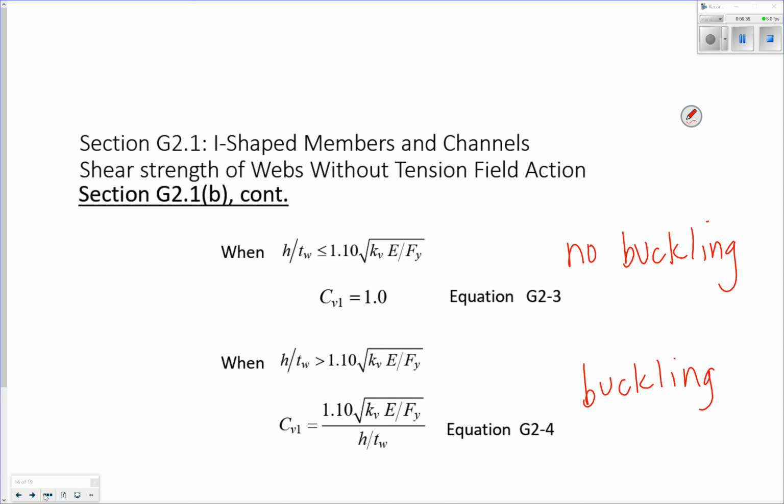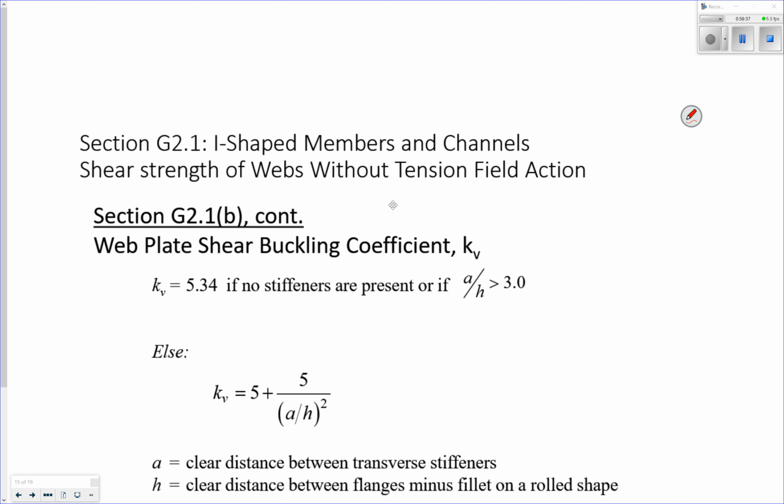I've got to calculate this KV factor first. The KV factor is calculated depending on the ratio of how far apart my stiffeners are, if there are stiffeners, versus that clear distance between the flanges of my web.